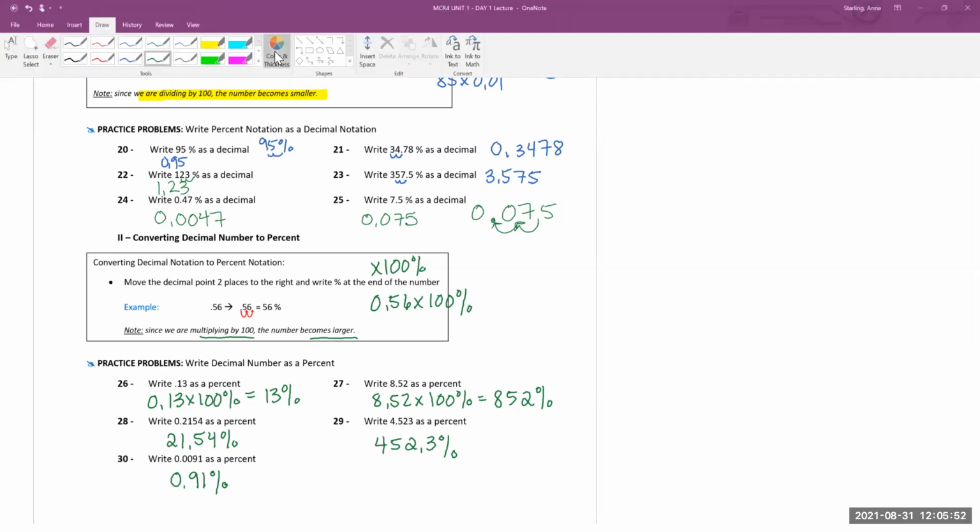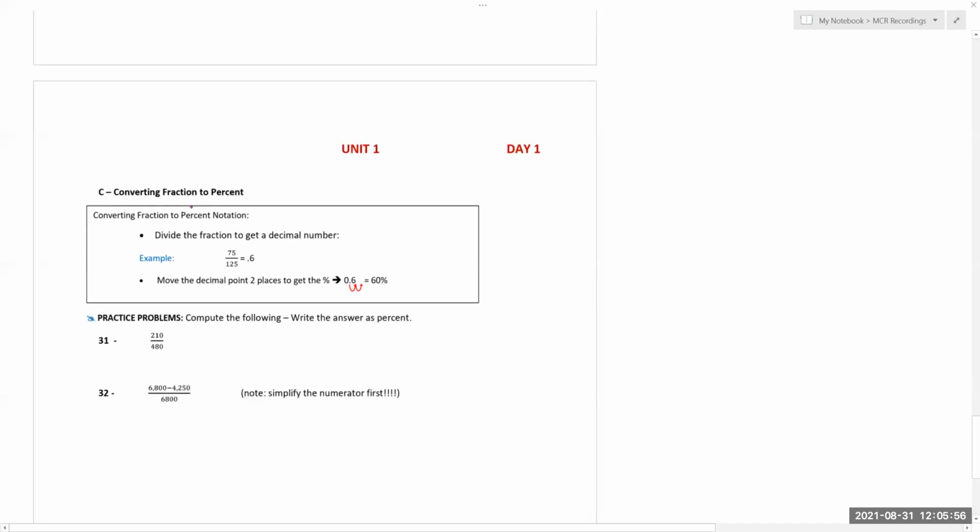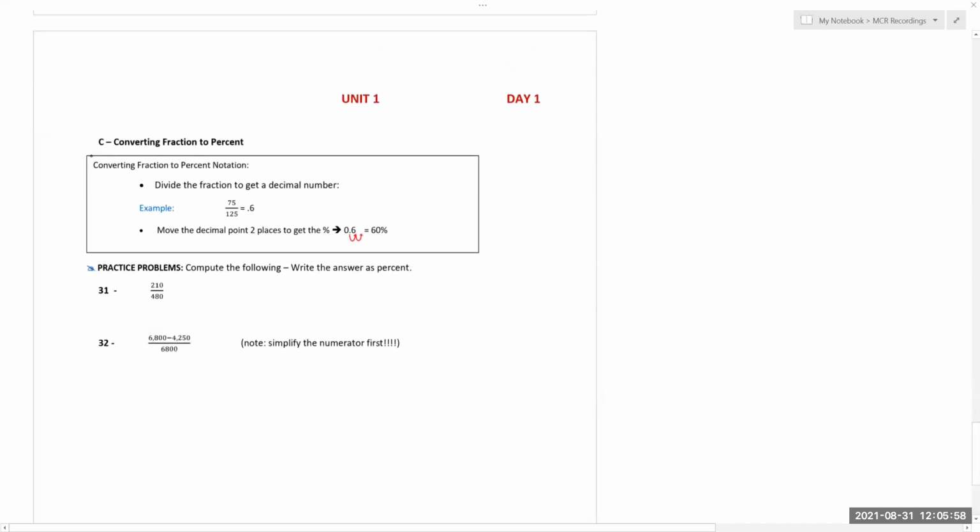And then our last topic for today is converting fractions to percents. So to convert a fraction to a percent, the easiest way is to divide the fraction and then multiply it by the 100%.